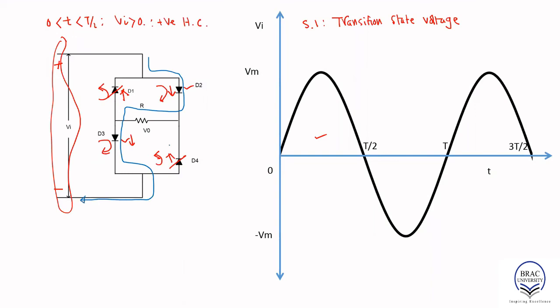And for the negative half cycle, current is flowing in this direction.